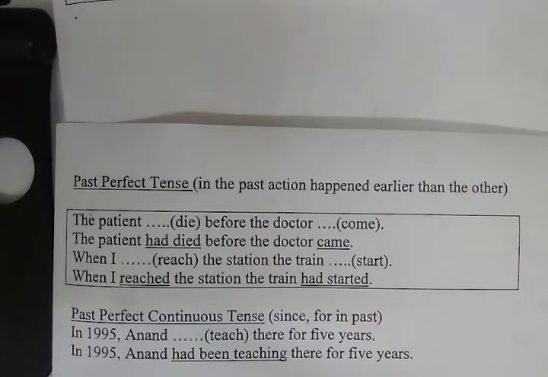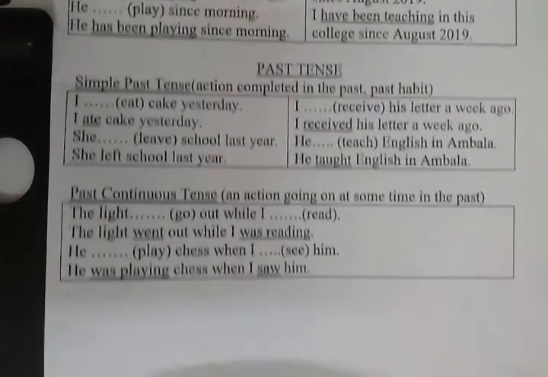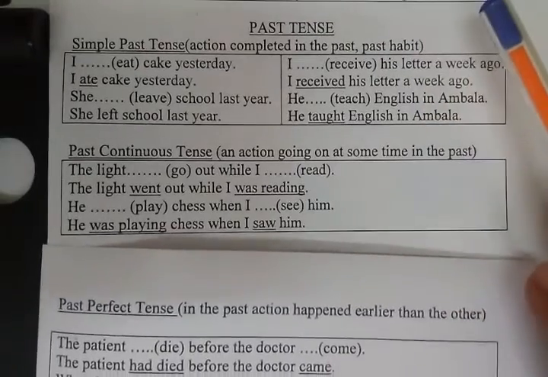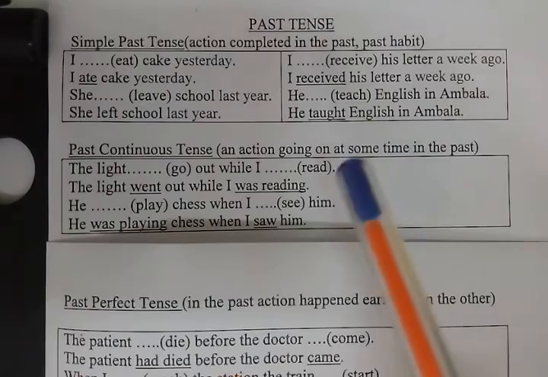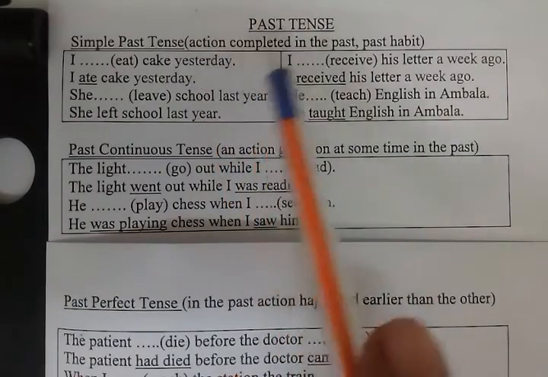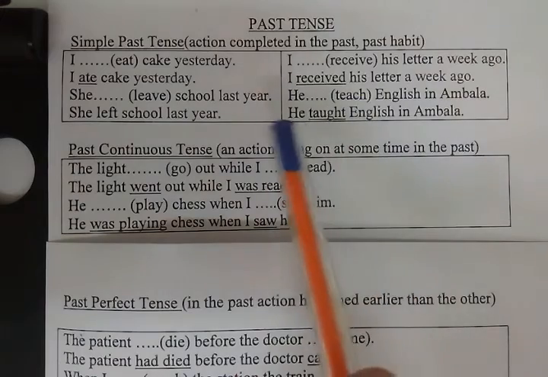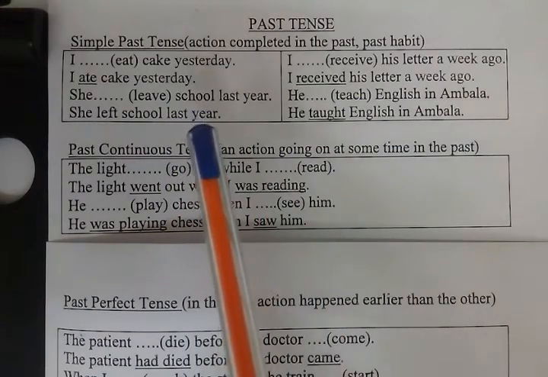So we will give a cursory revision of what we have learned in this session. In simple past tense, if there is a time given like yesterday, last year, then we would use the second form of the verb.